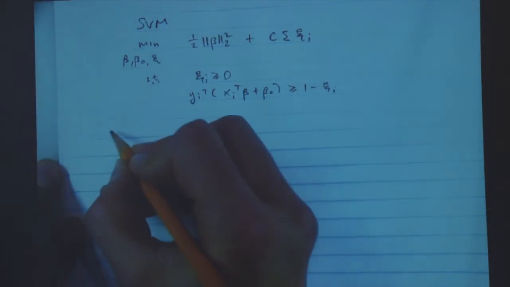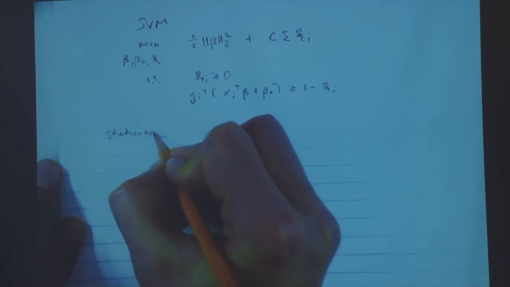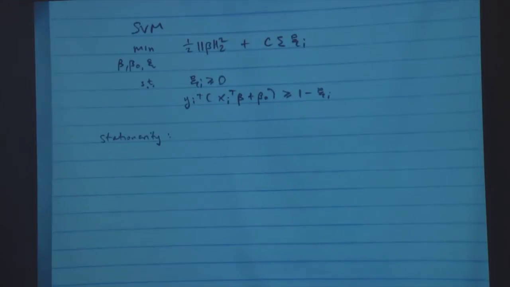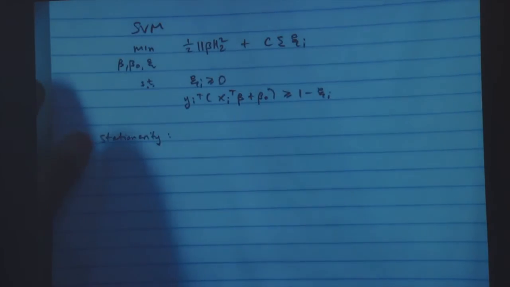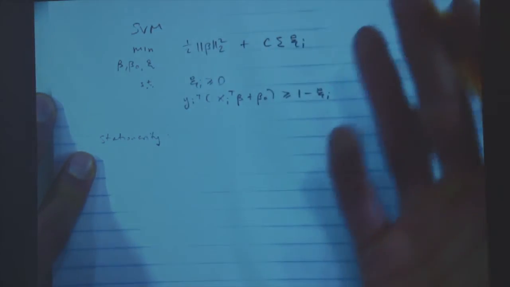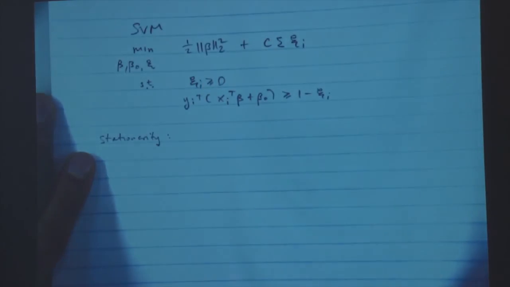Let's write down the stationarity condition now. Let's try to do it without the Lagrangian. The last two times we wrote down the Lagrangian explicitly. Let's try to just do it by reading off of the problem. It's good practice if we can do it without forming the Lagrangian. So we're going to take all of this, form a Lagrangian on the fly, and differentiate it with respect to beta, beta naught, and psi.